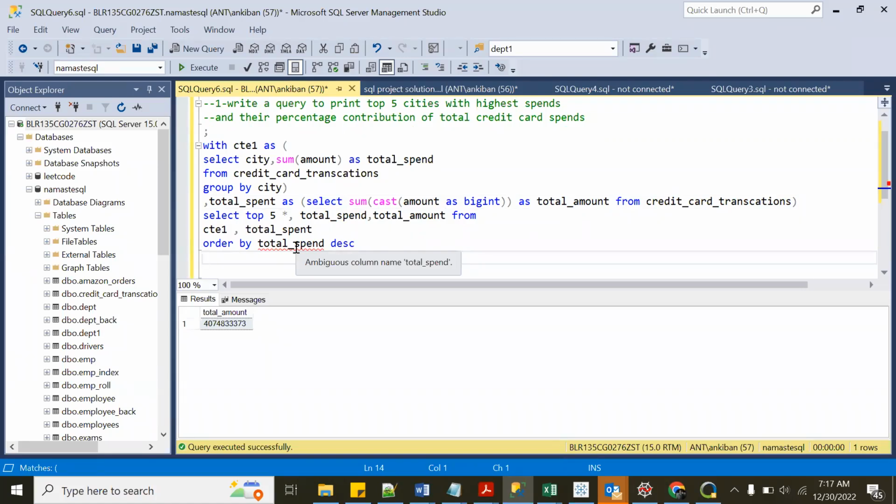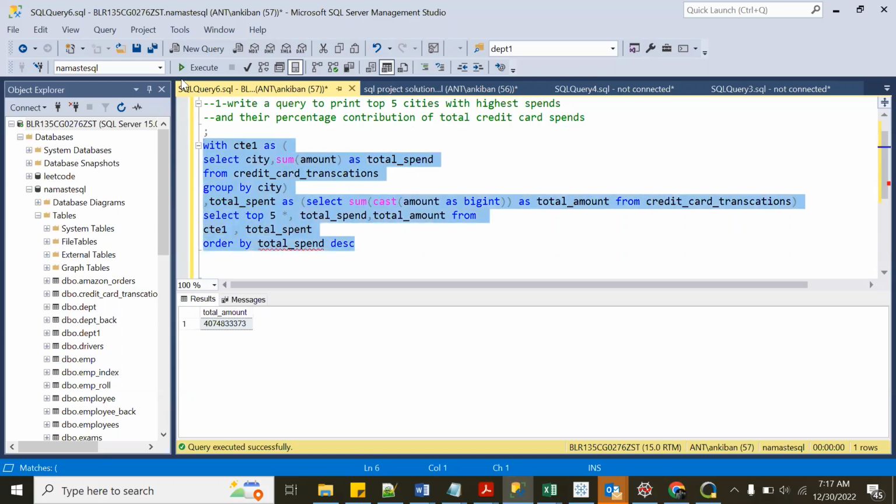Ambiguous column name total spend, why? Why is it ambiguous? Order by total amount. Here total spend is there, right? It shouldn't be the issue.